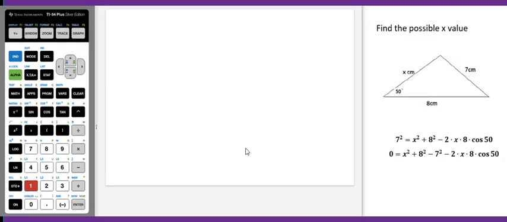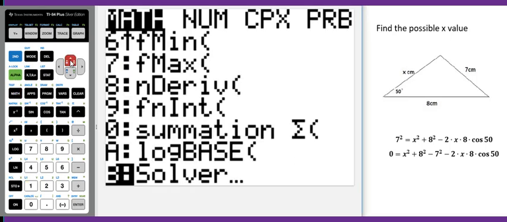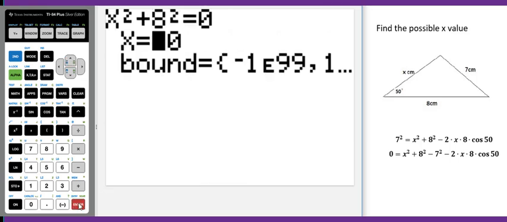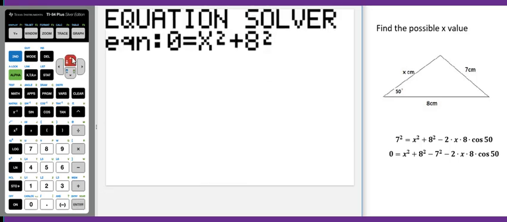Let's go to another example. This time I only use the equation solver to solve this problem. Go to math, upper arrow, enter. Then upper arrow again, clear. Then we put in the equation. Make sure the equation is changed into equal 0.